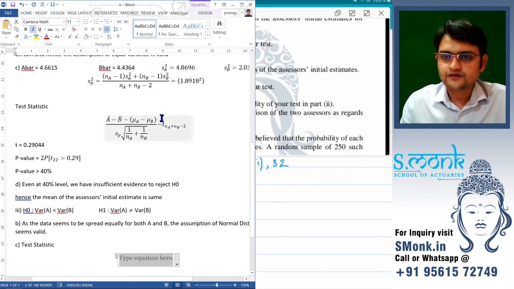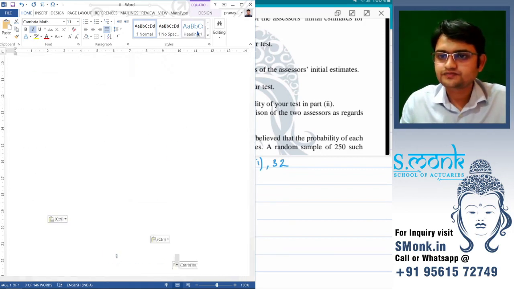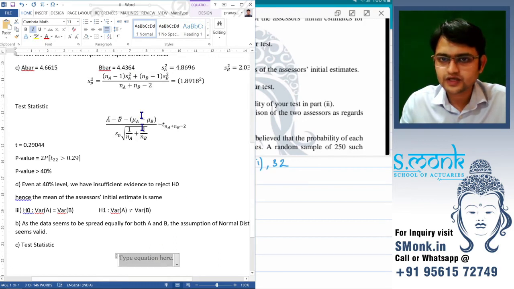So here we would require, in the equation editor, if you do not see the options of the equation, here we have these options in Design.